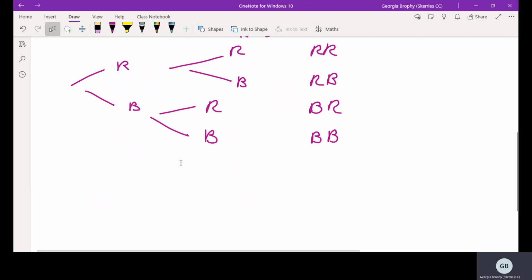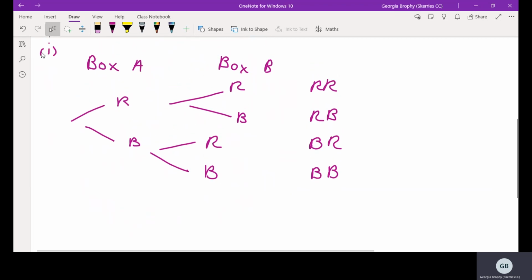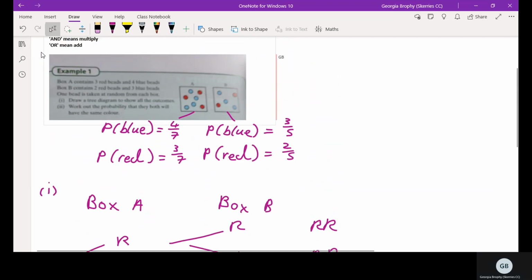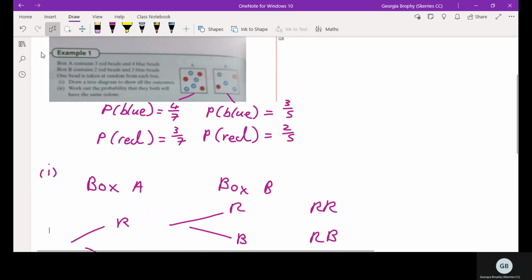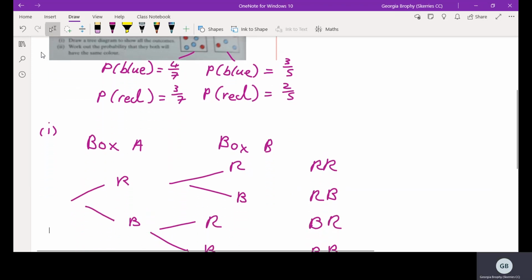Let's put some numbers in here. In box A, the probability of me choosing red the first time was 3/7. The probability of me choosing red from box B was 2/5.